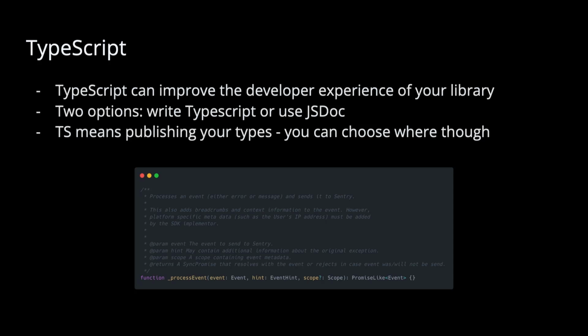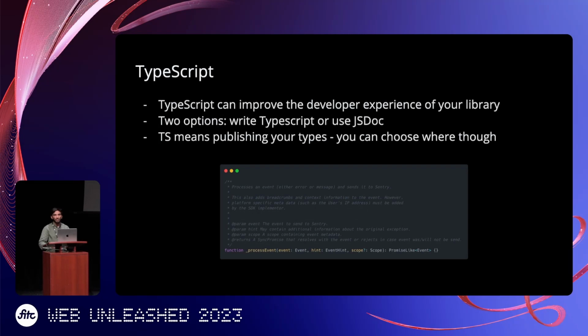You have two options for getting types to your users, telling users what the types should look like for your library. You can write your code in TypeScript yourself and just have that there.